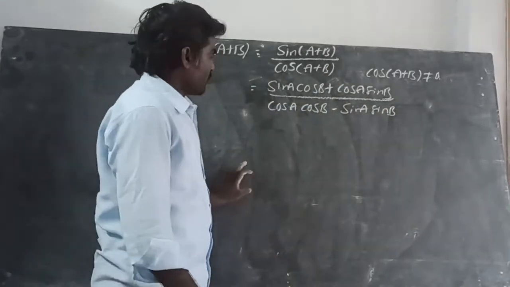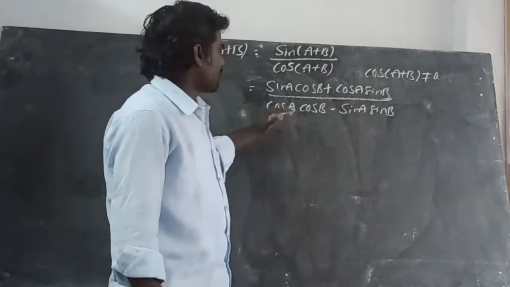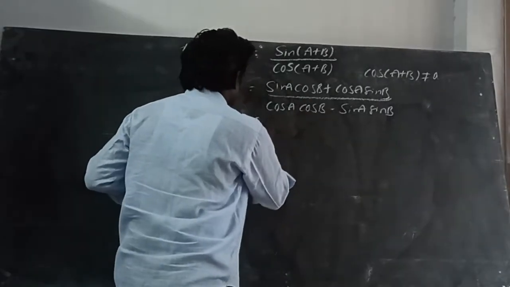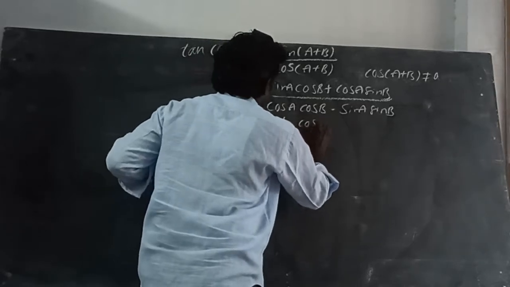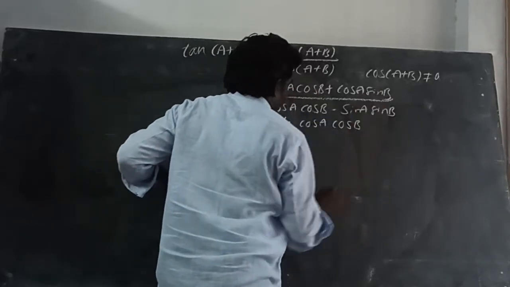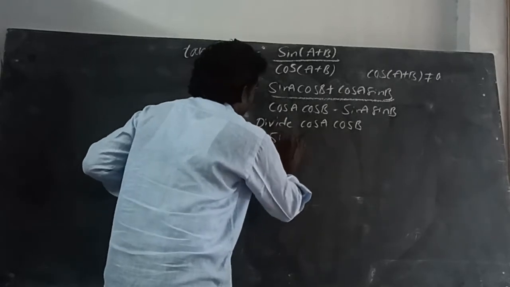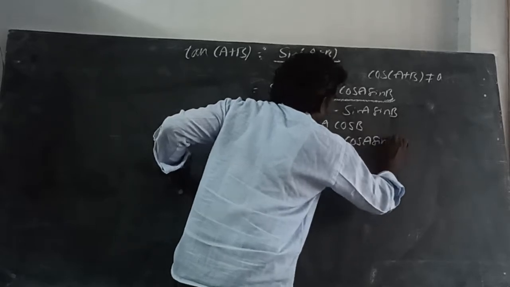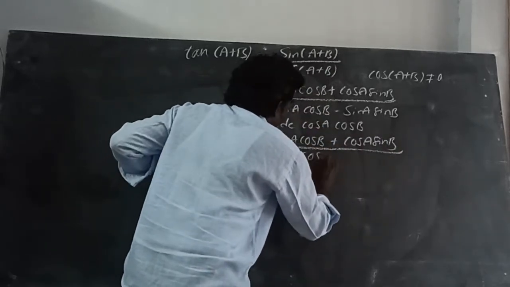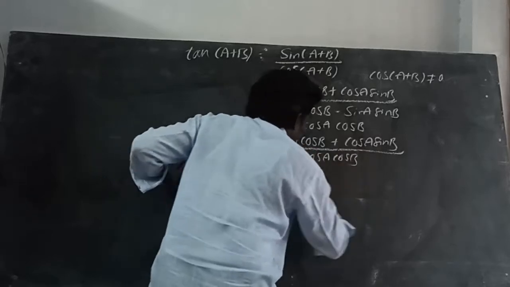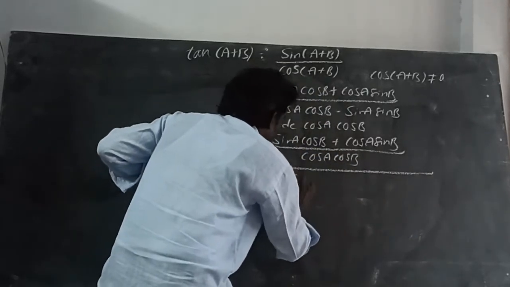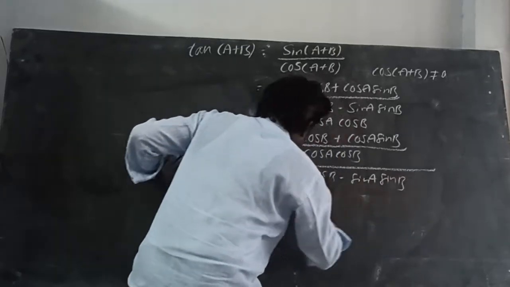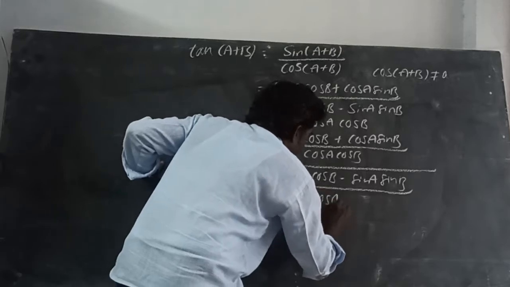Here we can divide the numerator and denominator by cos a cos b. So that is sin a cos b plus cos a sin b by cos a cos b, over cos a cos b minus sin a sin b by cos a cos b.